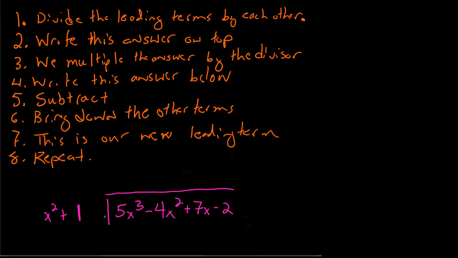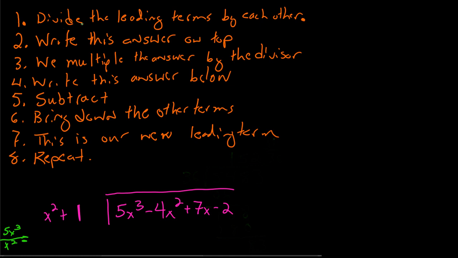So when I'm talking about leading terms, I am talking about the first term in the divisor and the dividend. So this is the leading term that's going to divide into this. So the first division I'm going to look at is going to be 5x cubed over x squared.